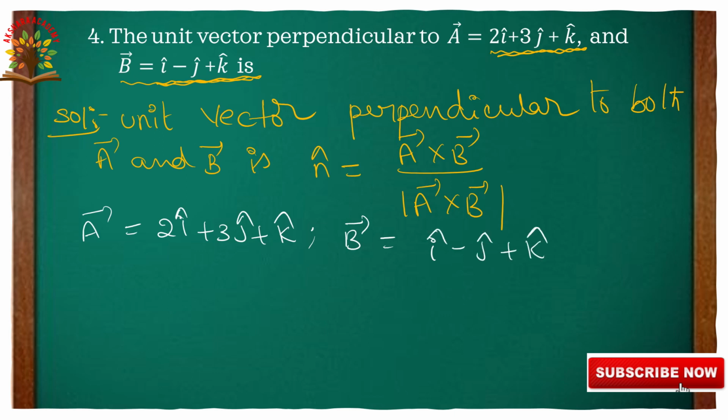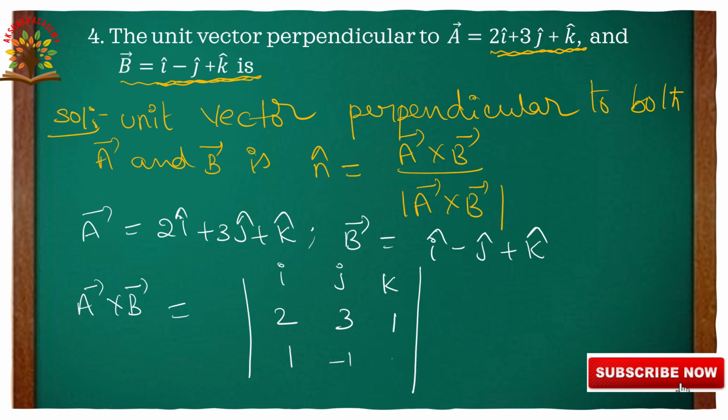Now we are finding a bar cross b bar, the cross product of a and b. That is i, j, k, and the components of vector a bar are 2, 3, 1 and in b vector 1, minus 1, 1.